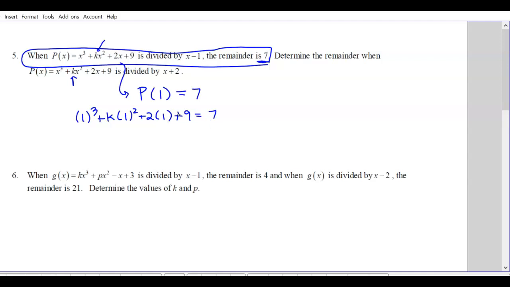So you can solve that for k. Ones are nice, right? So that's 1 plus k plus 2 plus 9 equals 7. So 10, 12, k equals negative 5.